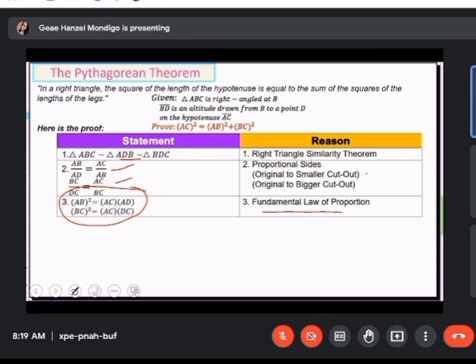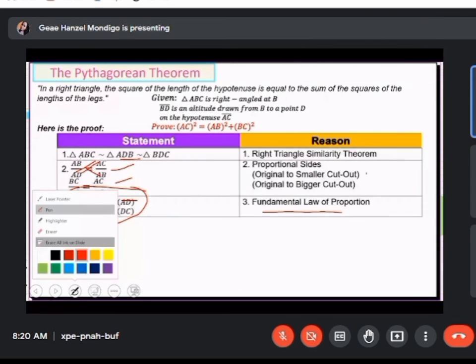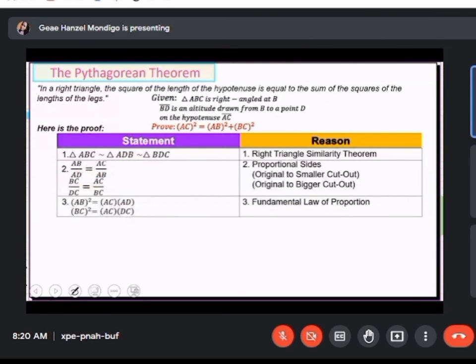So we simply cross multiply this one. We have AB times AB, so AB squared is equal to AC times AD. Then for the second one, we still cross multiply. So we have BC squared is equal to AC times DC.